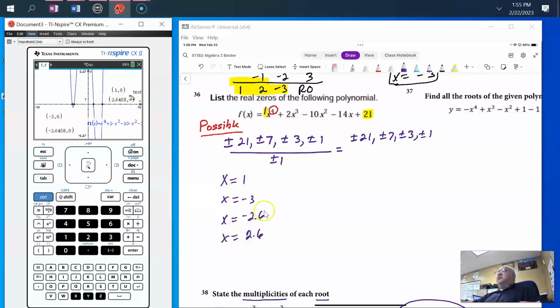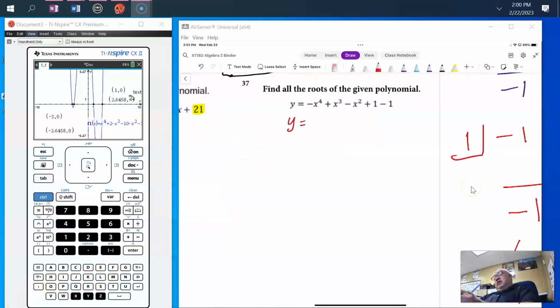And they're all real, so you're good to go. And you notice that 1 and negative 3 are here. Now these are irrational, there's a radical, but it's okay. We have 1, 2, 3, 4. We found it.